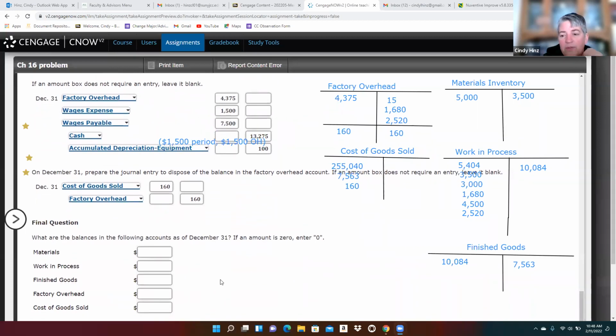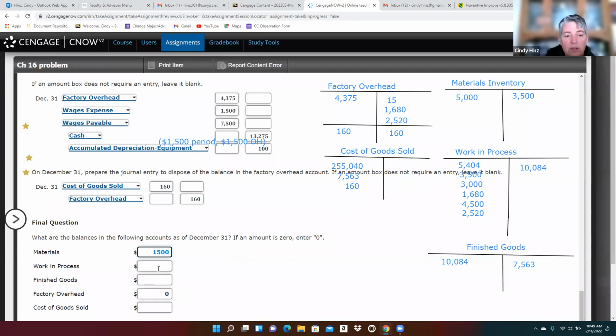And we move on to our final question. I already know the factory overhead account has a zero balance. It has to have a zero balance. At the end of the year, we have to have fully allocated that overhead. For the other questions, though, we have our T accounts right here on the screen, and we just need to find their balances. So for the materials inventory, we have 5,000 minus 3,500.